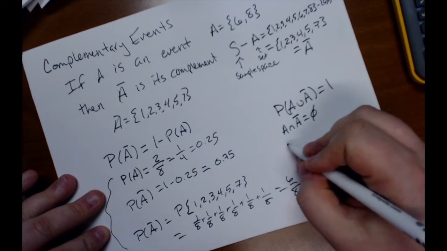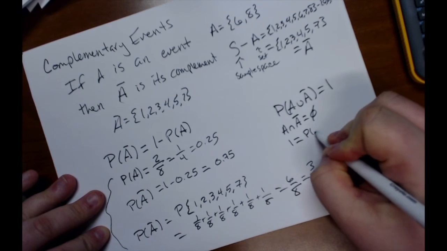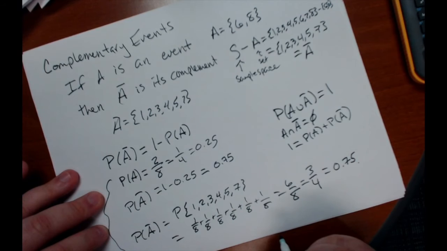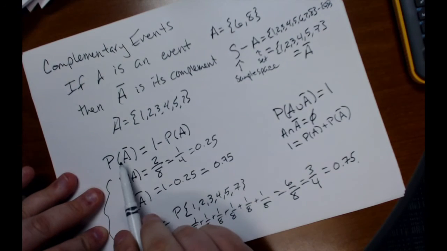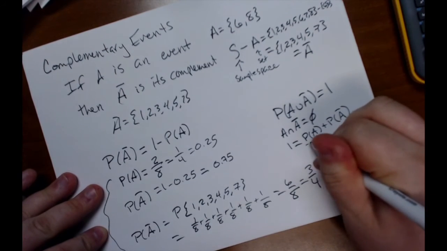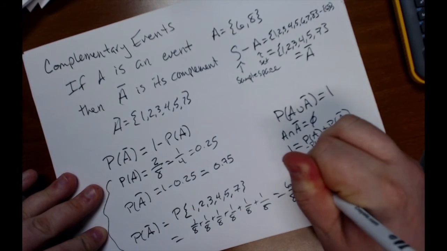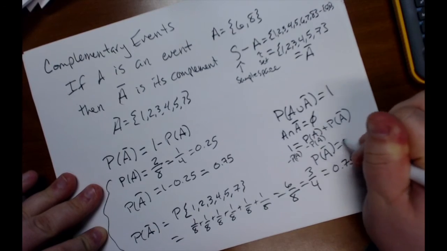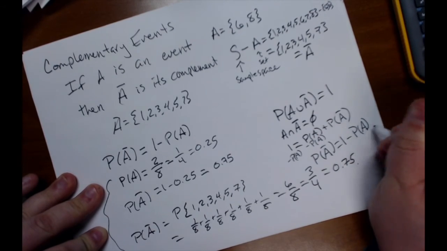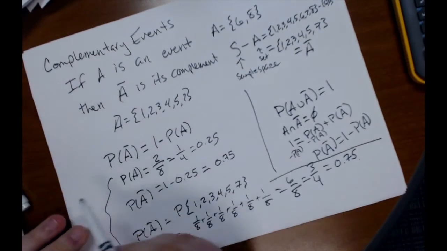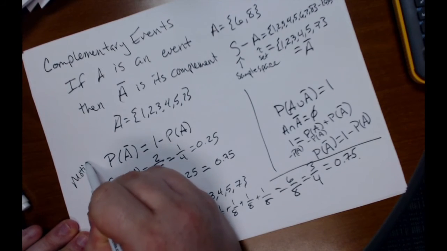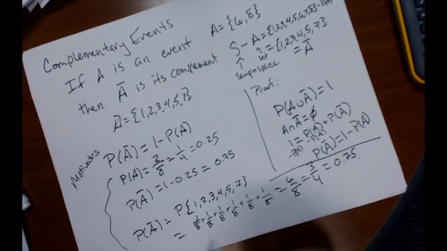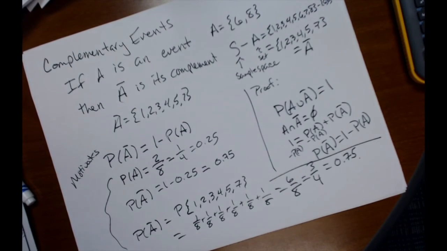Well, that means that 1 equals the probability of A plus the probability of A's complement. And to get it to look like this, subtract the probability of A from both sides, and we get the probability of A complement is 1 minus the probability of A. And so this here motivates it, and this is more of our proof.